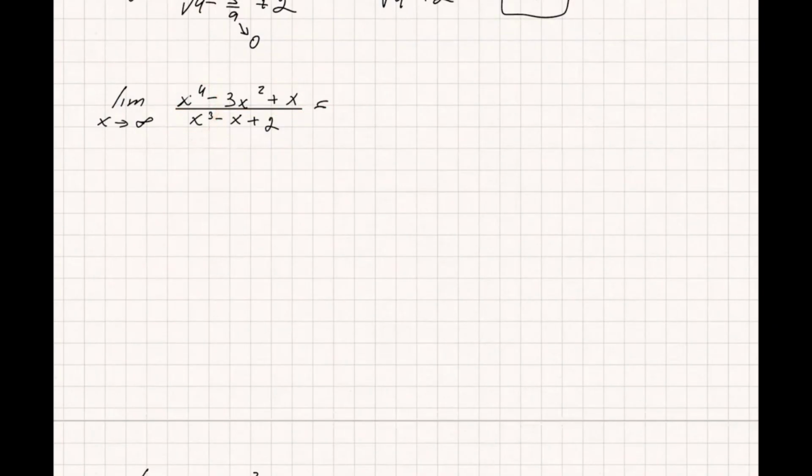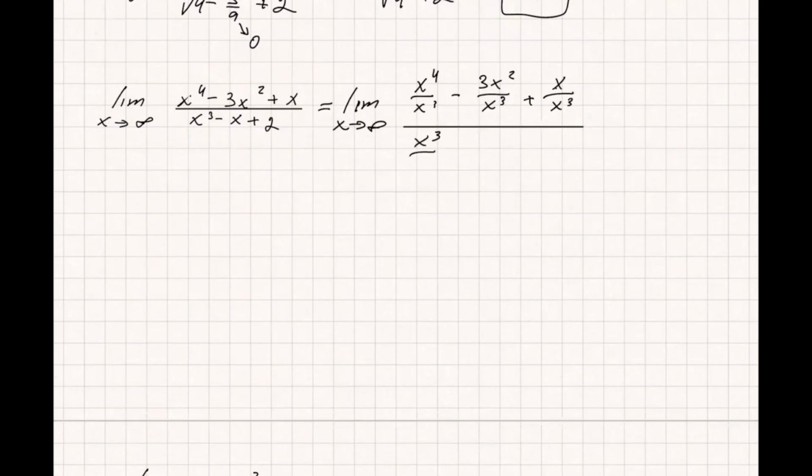So in this case, when you divide by the leading term of the denominator, you would have limit as x approaches infinity of x to the fourth over x cubed minus 3x squared over x cubed plus x over x cubed, over x cubed over x cubed minus x over x cubed plus 2 over x cubed.